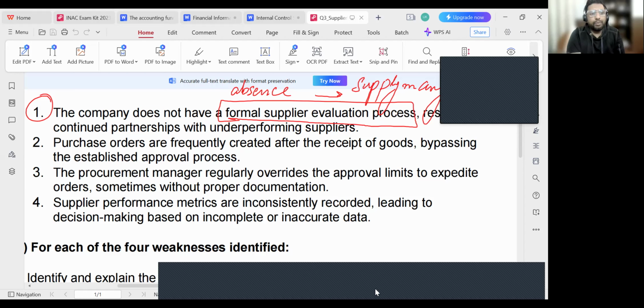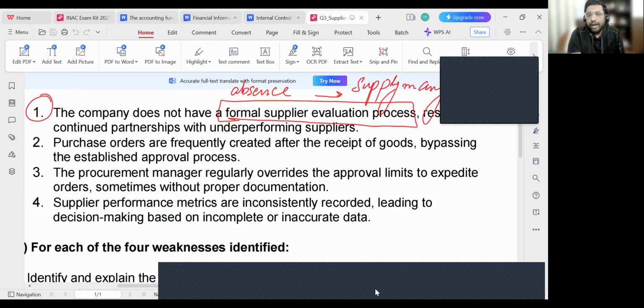It can be due to the company focusing on cost saving or speed, or probably they don't have a good control environment, right? So you have to identify the cause, the why it is happening. Then in the second part, you would be looking at the consequences.